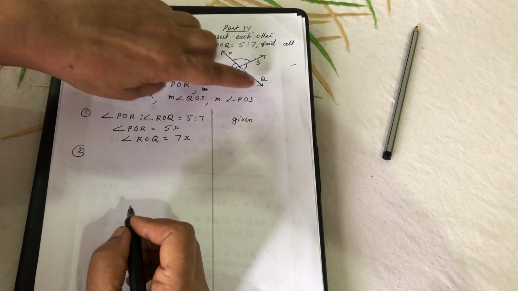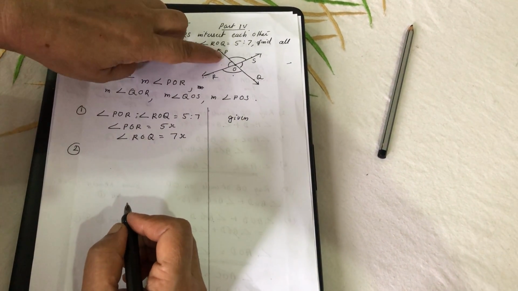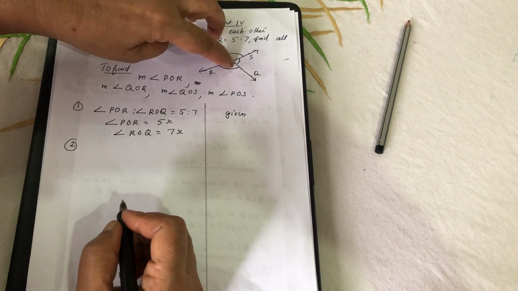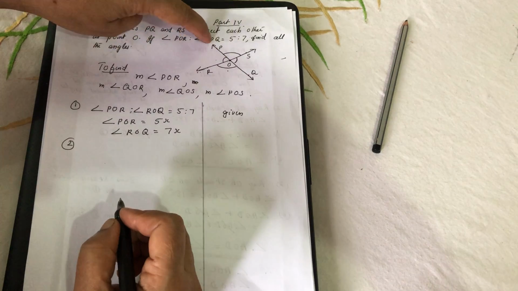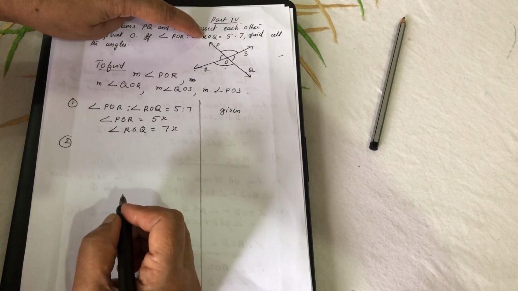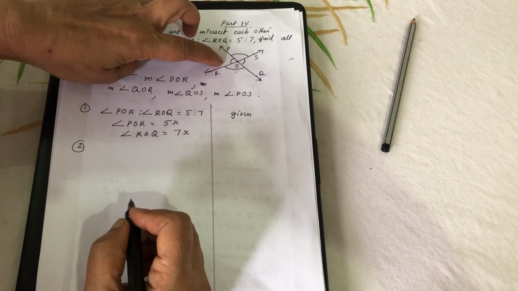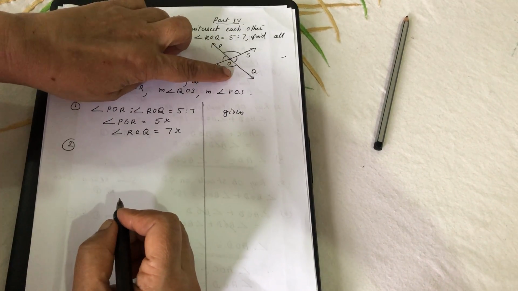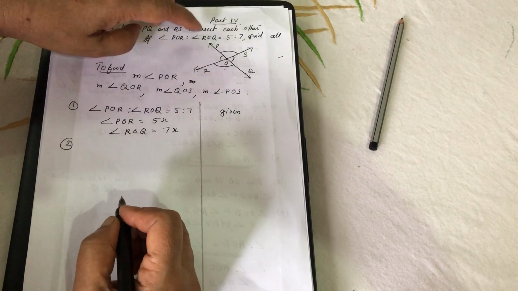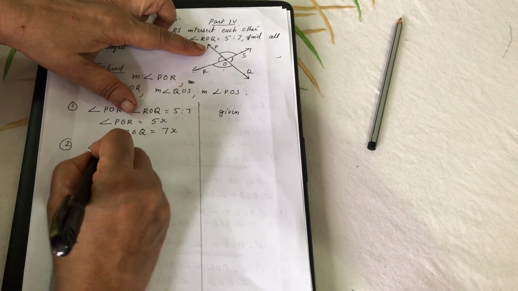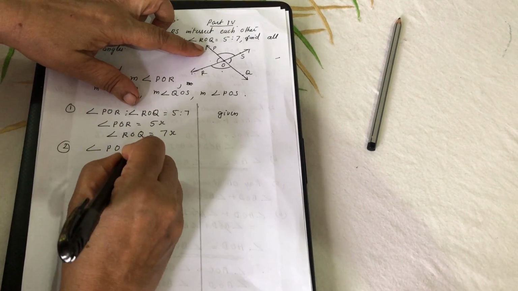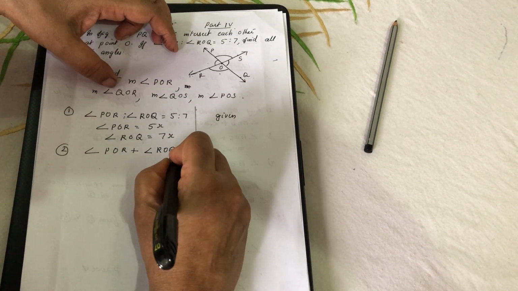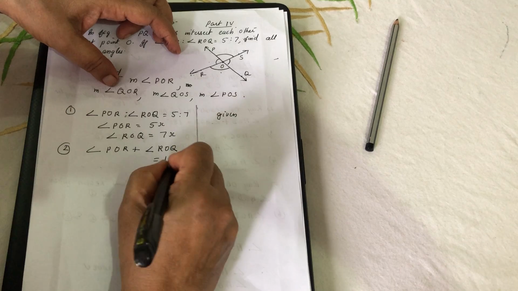The sum of the adjacent angles of a linear pair is 180. Therefore, I am writing angle POR plus angle ROQ is equal to 180 degrees.